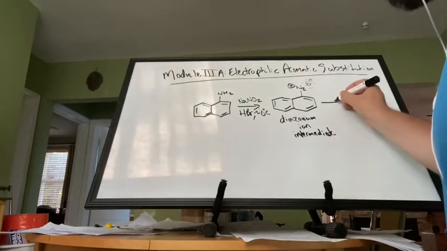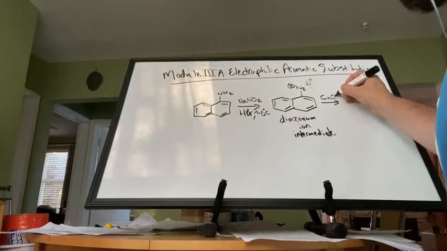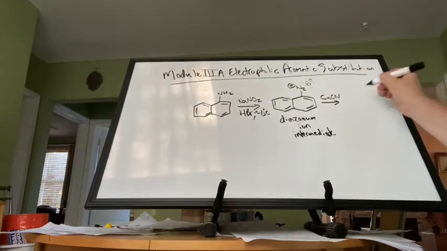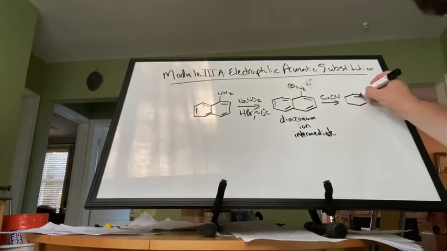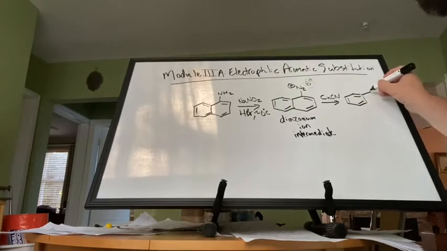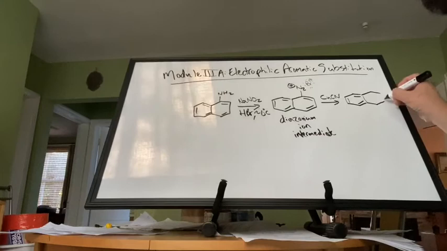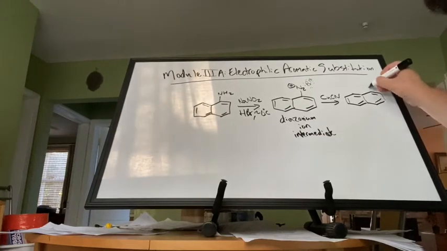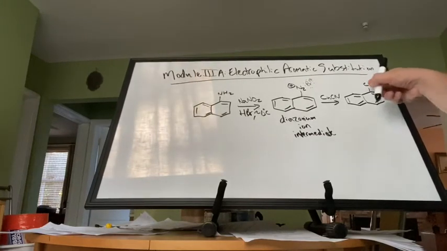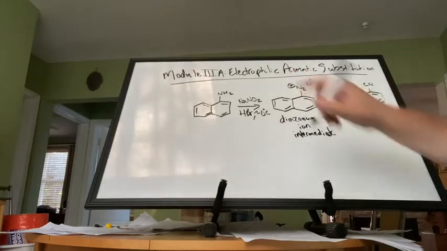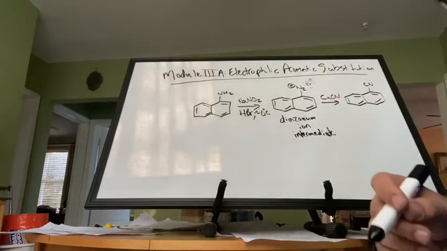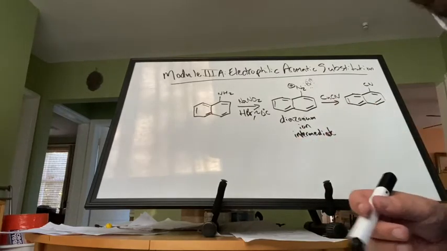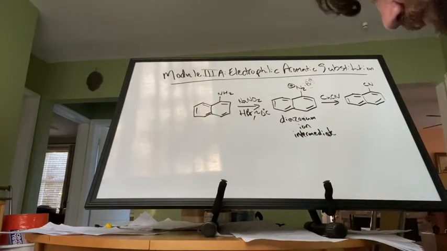So I'll just use copper cyanide, which I may or may not put on exams. Hint, hint. Okay, so that cyano group is substituting. So in other words, that negatively charged species is substituting that N2 group and kicking it off as a result.